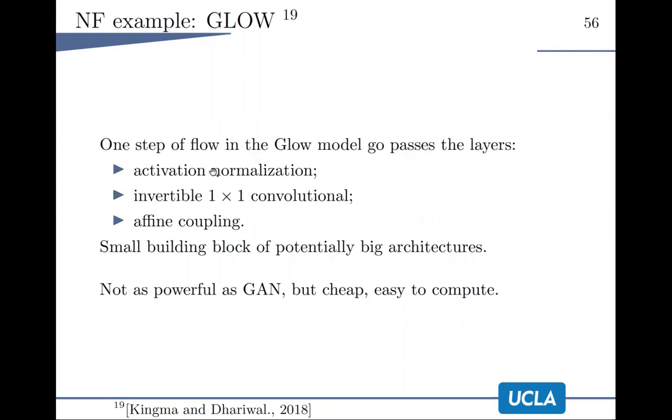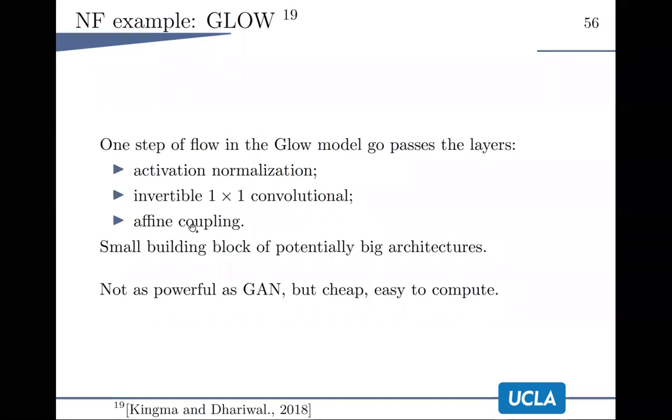One step of the flow in the GLOW model goes past these layers: activation normalization, an invertible 1x1 convolutional layer, and an affine coupling layer. And this could be regarded as small building blocks of potentially large architectures. It's not as powerful as GAN, but the good side is that this model is cheap and easy to compute.